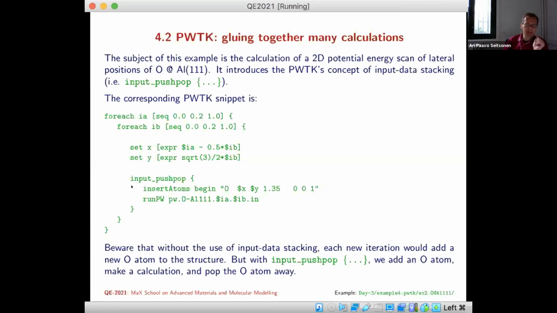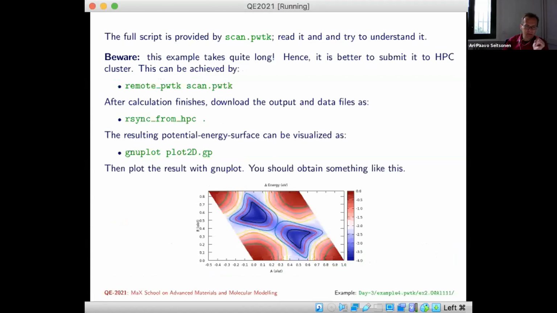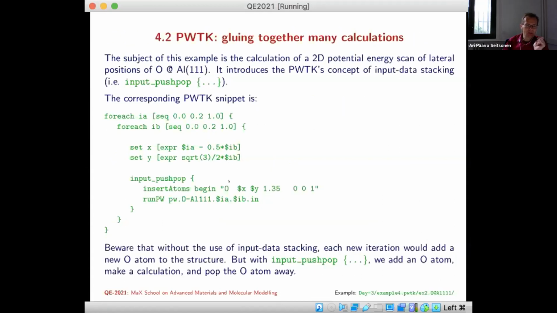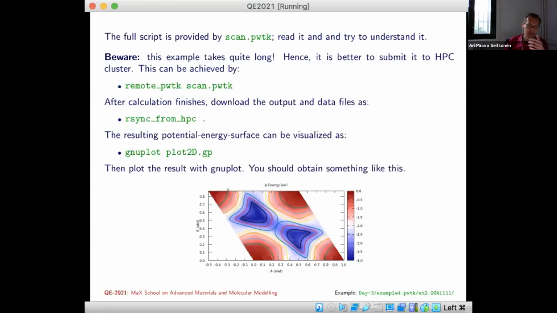And the same here, I just show, here we insert the oxygen atom. So this is what you will get as an output: the potential energy of the oxygen when it's laterally at different positions along this aluminium 111 surface.